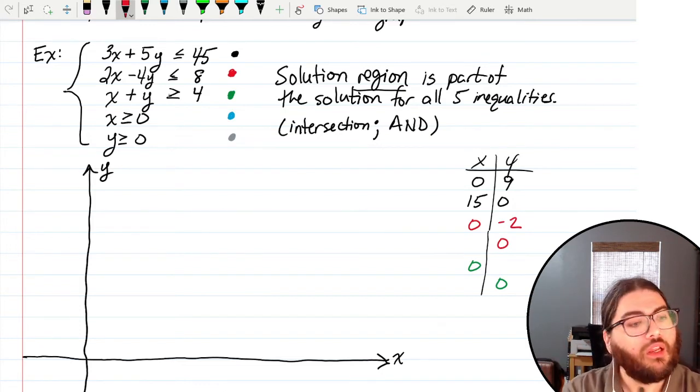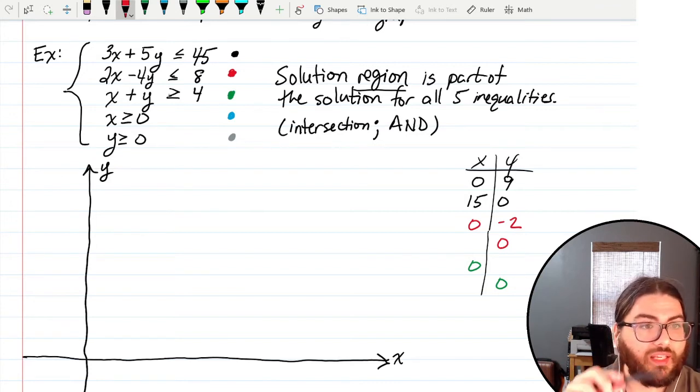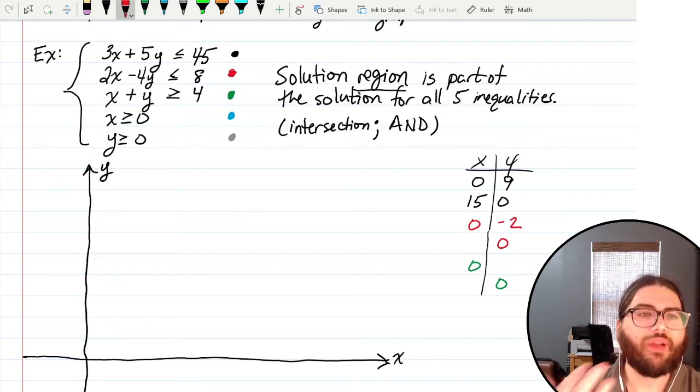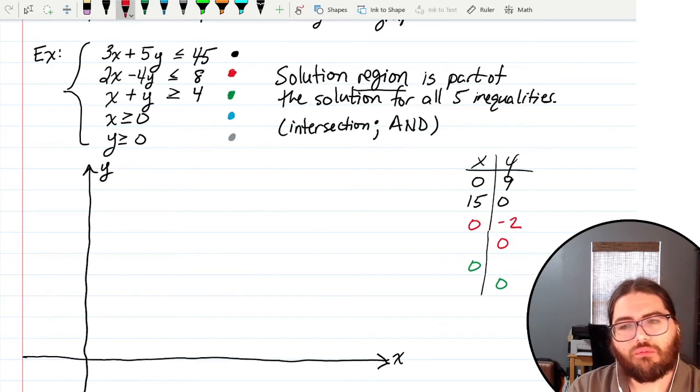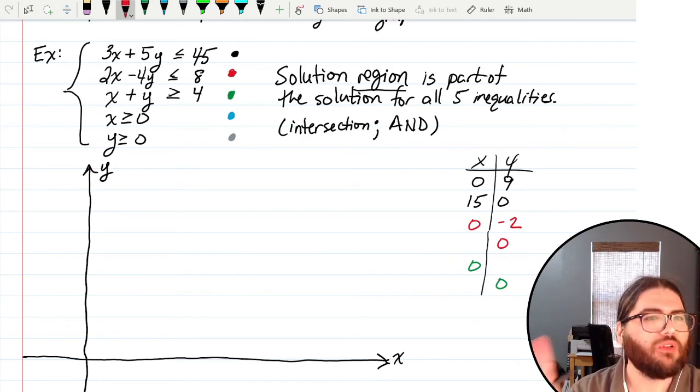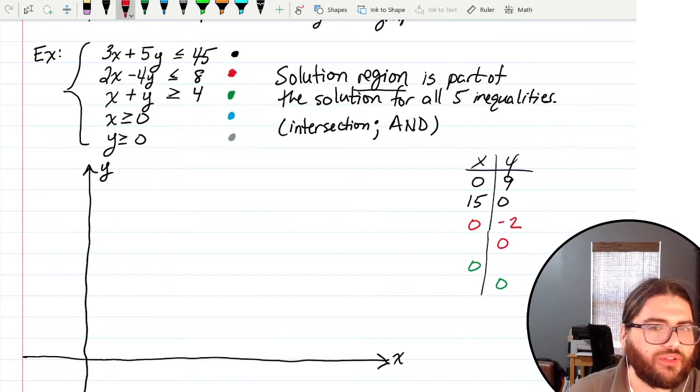Not here. Remember, I'm putting the equal sign line on the graph. The equal sign line doesn't care about left side, right side. I'll come back and figure out left side, right side a little bit later. I know that one of the two sides is going to be shaded, the other one is not. But when I'm putting lines on a graph, I don't care about that just yet. I'm going to come back later and find my specific point.